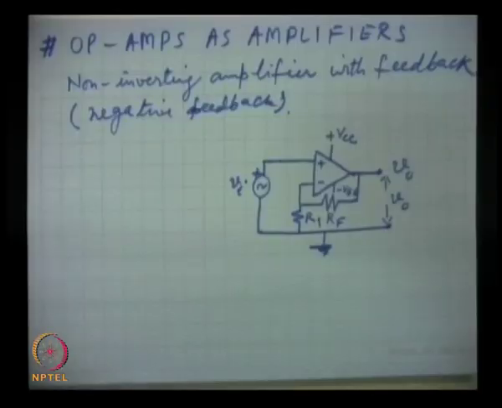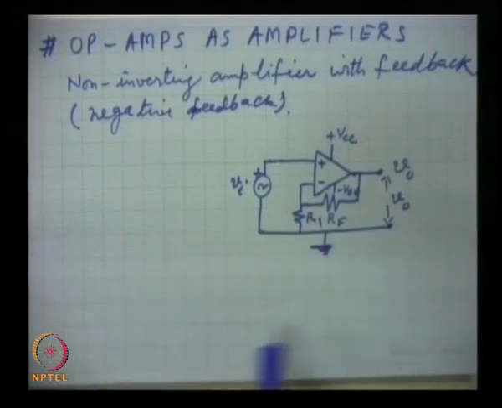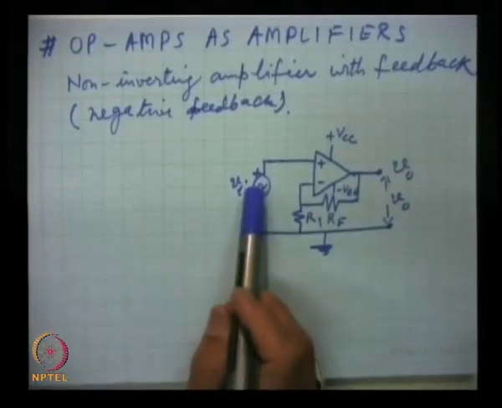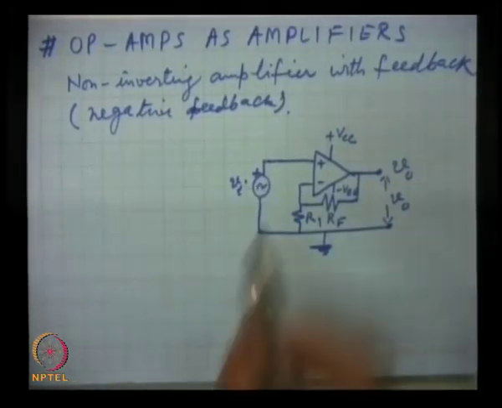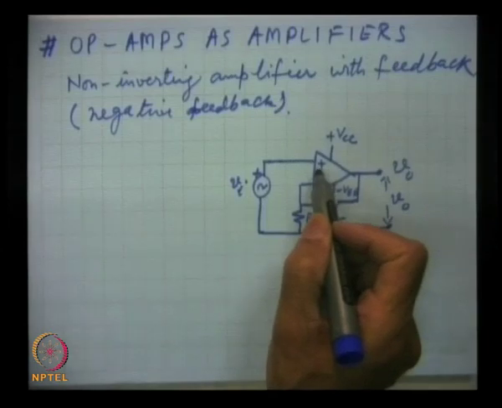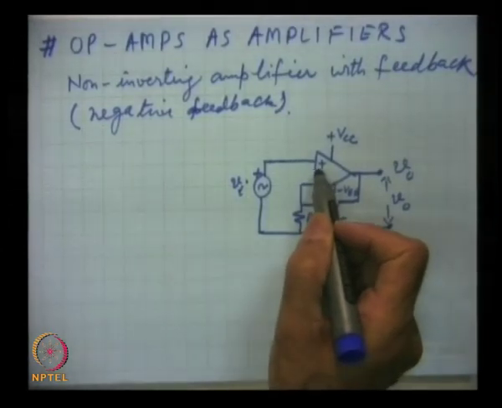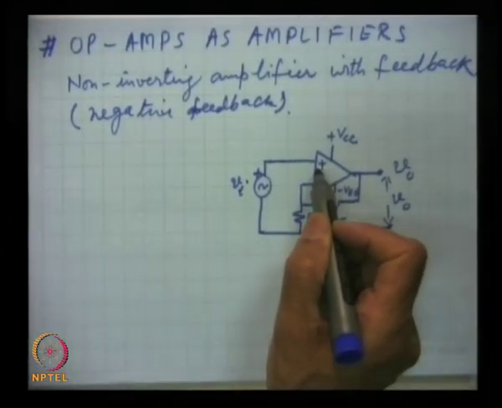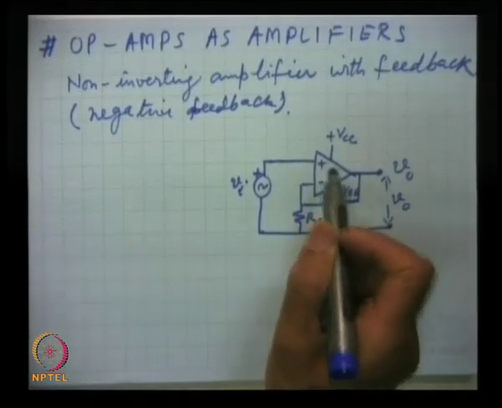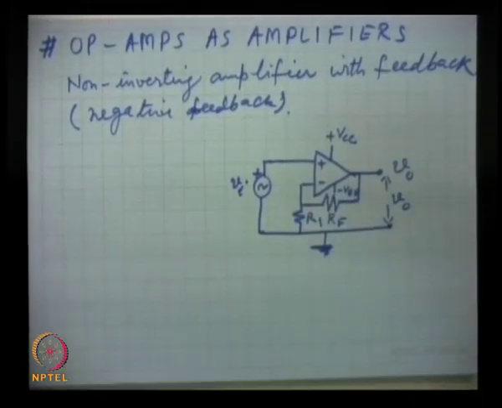So, this is the circuit, and this we analyze. Since the input signal has been connected to the non-inverting input, indicated by the plus sign, this is a non-inverting amplifier with proper feedback.